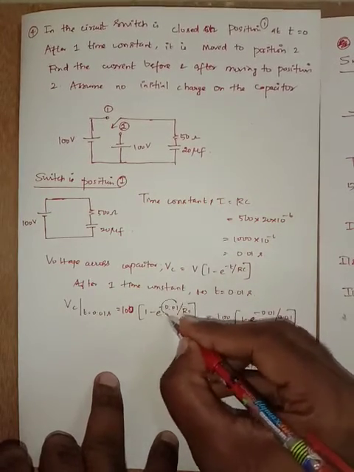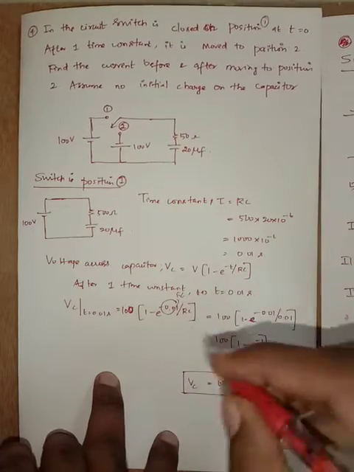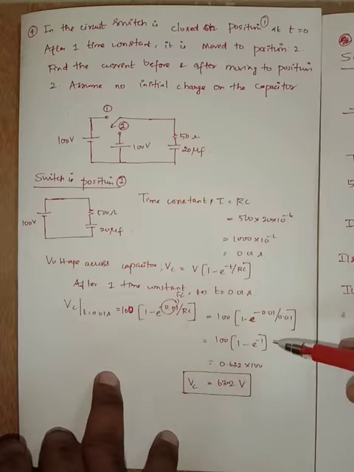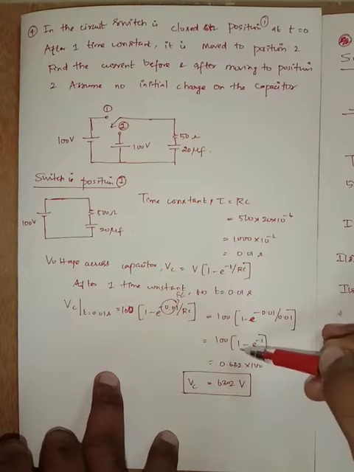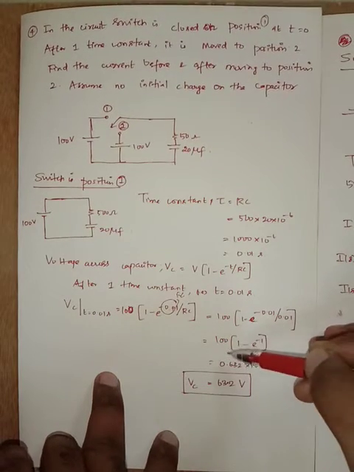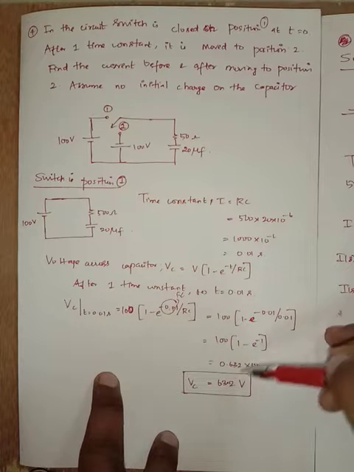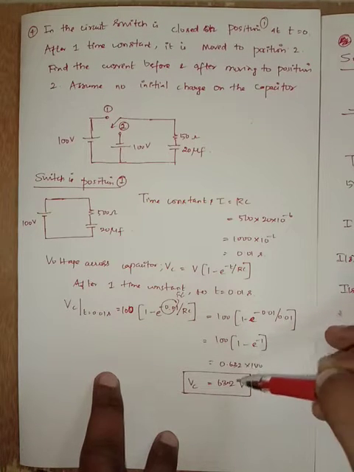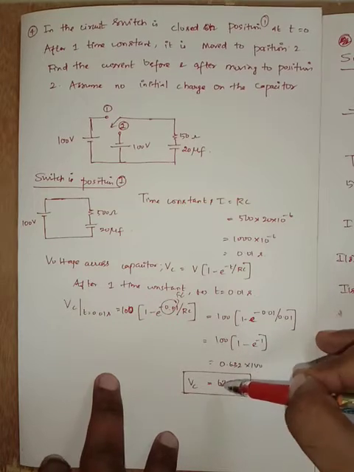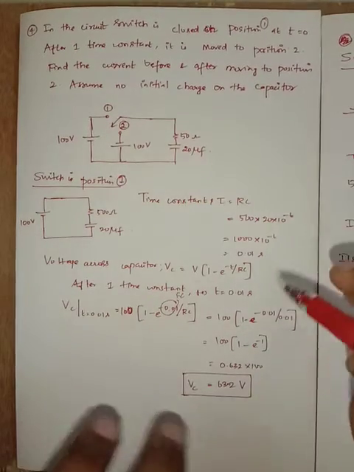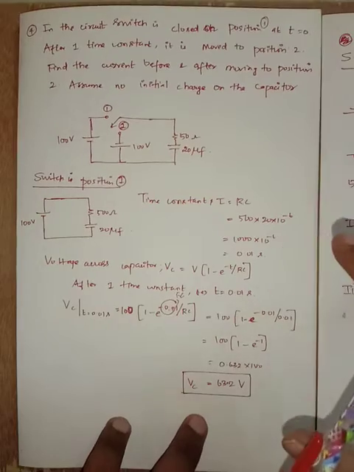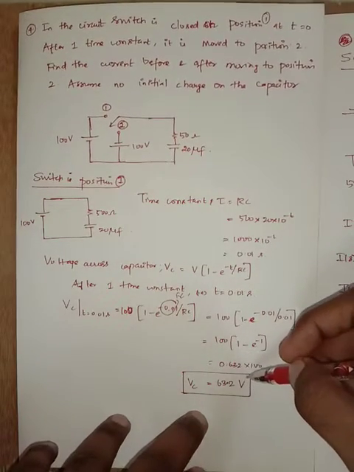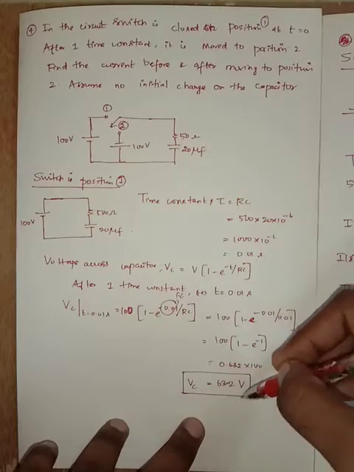RC by RC will become 1, so it is 1 minus e power minus 1, which is 0.632. So 0.632 into 100 or 63.2 volt. So the voltage across the capacitor after one time constant is 63.2 volt, which will be the initial condition for your switch in position 2.